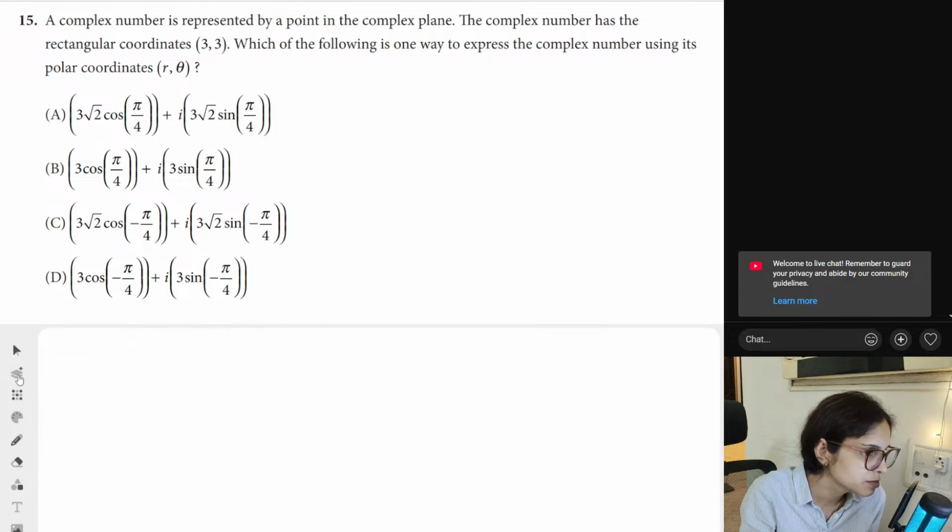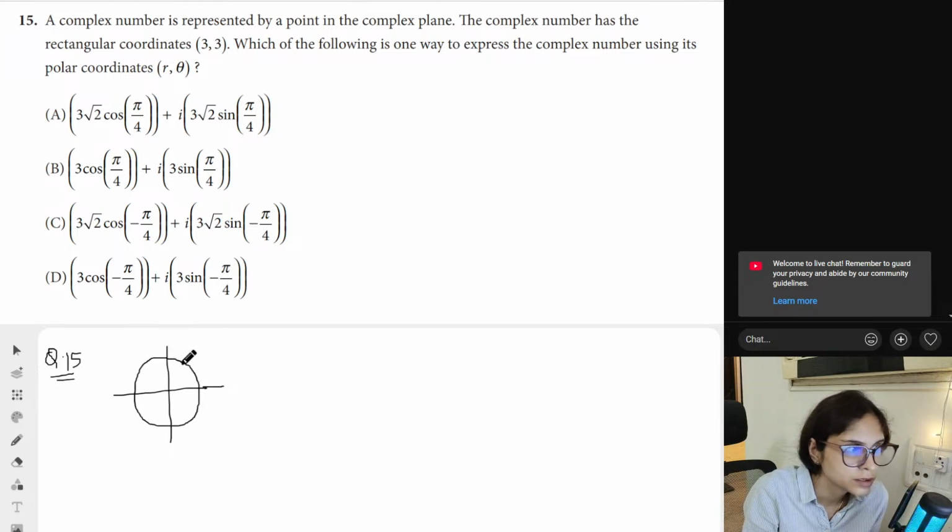Space is not there, so let's make a new page. I'll first explain the concept. This is any point x, y.